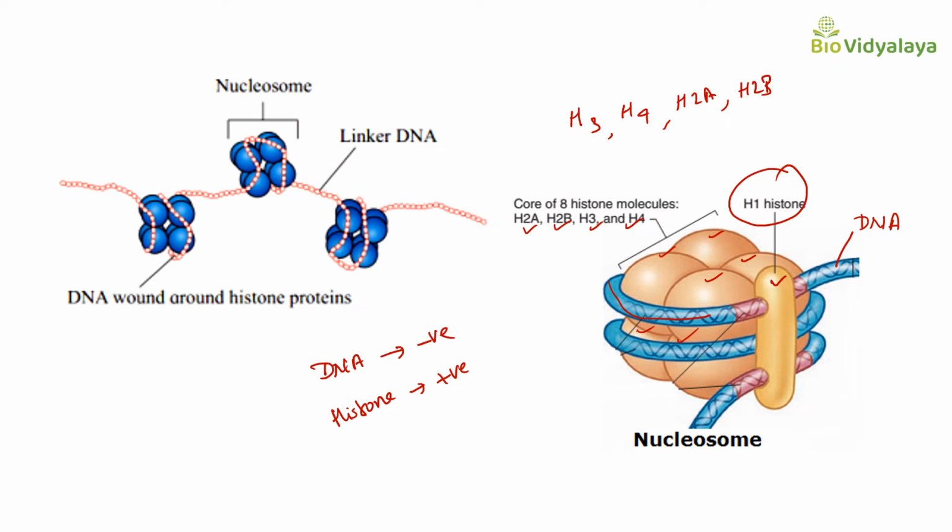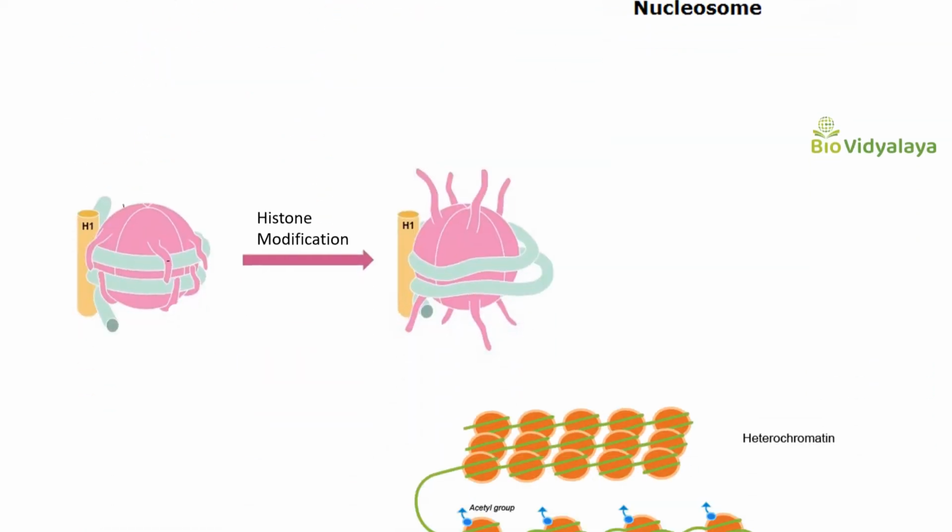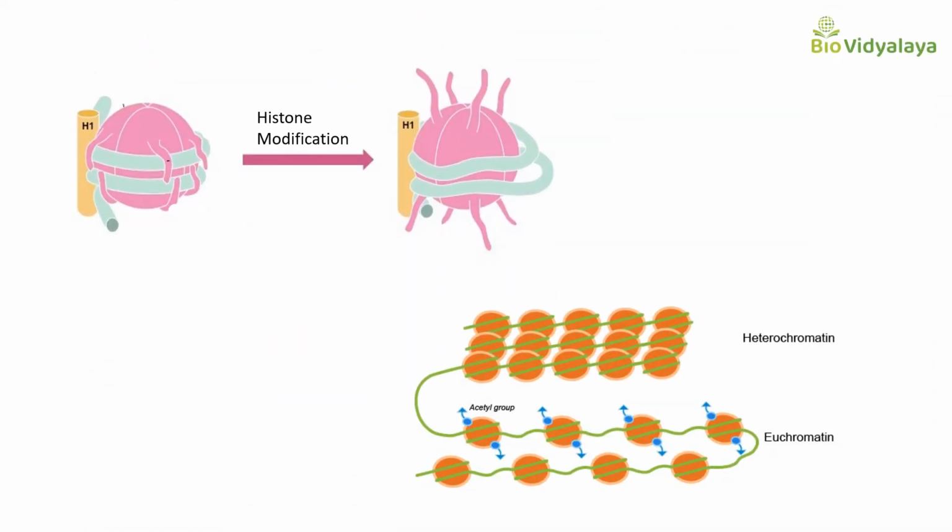And histone modification has some impact on histone DNA interaction. Some modifications disrupt histone DNA interaction. See here, this is the histone octamer and this is DNA. After histone modification, the interaction of histone with the DNA changes, causing the nucleosome to unwind.